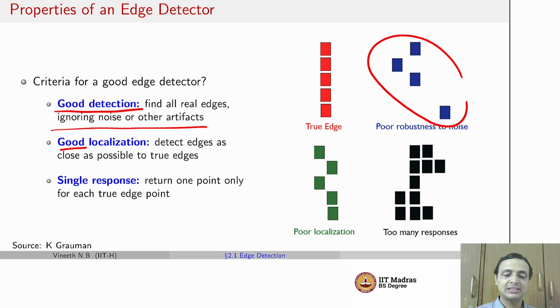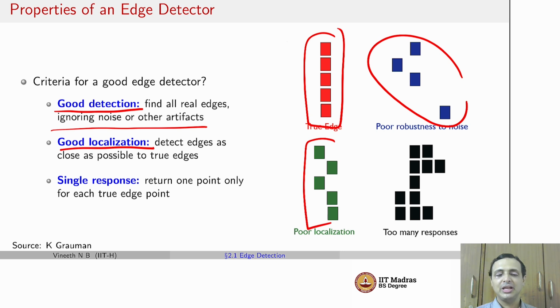The second thing that you want is good localization, which means if the edge is in this location, you also want to detect the edge in the same location. If you're going to detect edges in the vicinity, in the neighborhood, and not exactly where the edge is, that would be called poor localization. What we want is good localization. Wherever the edge was, exactly in that pixel is where you want to detect an edge.